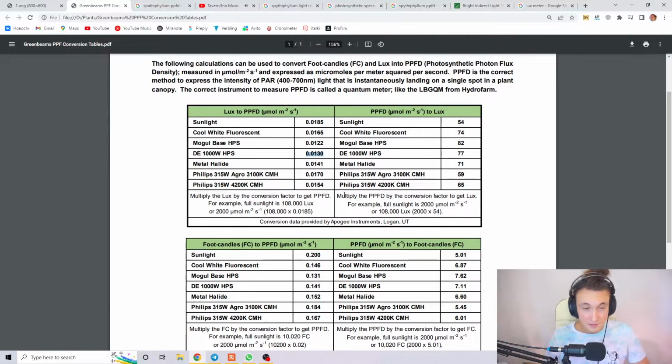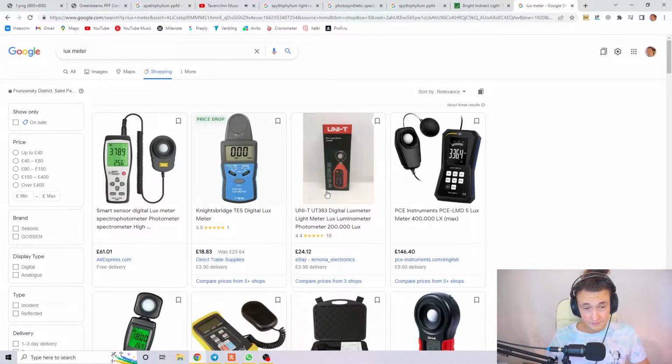So it's very convenient. I'm using very cool LED lights, like quantum boards and this kind of stuff. So I just basically divide it by 10 and multiply by 2, if you measure it in foot-candles, for example.